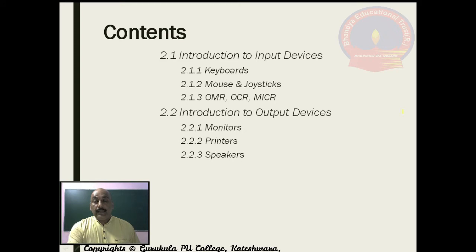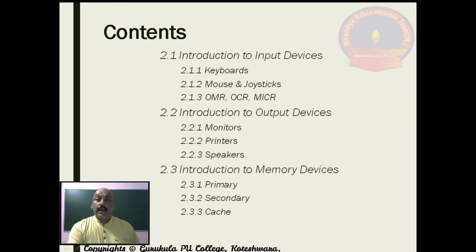Similarly, in the output devices, I will brief you on monitors, printers and speakers. In case of memory devices, I'll explain the primary memory, secondary memory as well as cache memory.